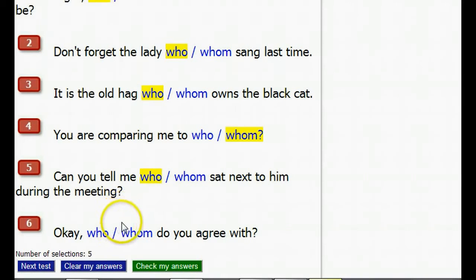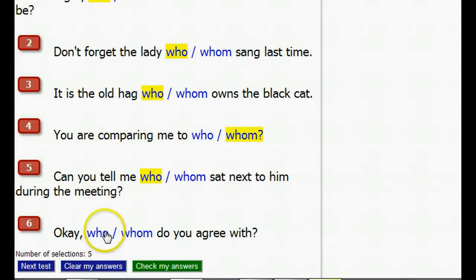And the last one. All right, one thing that bothers me about this is that this is not proper grammar. You do not end a sentence with a preposition, and this is a preposition. So the sentence really should say, okay, with who or whom do you agree? Well, we've answered the question right there because we're saying that with is a preposition. It needs an object, and we're saying it has to be one of these.